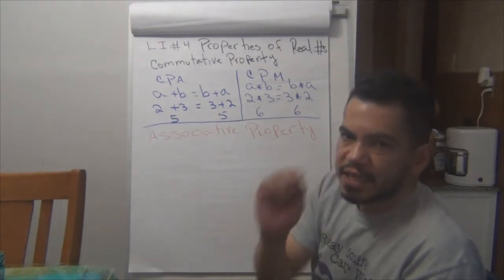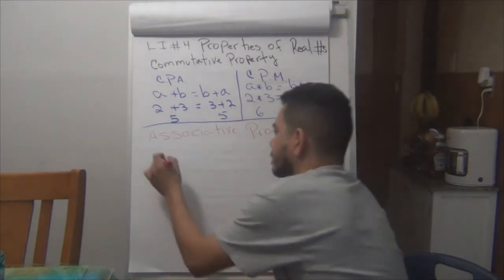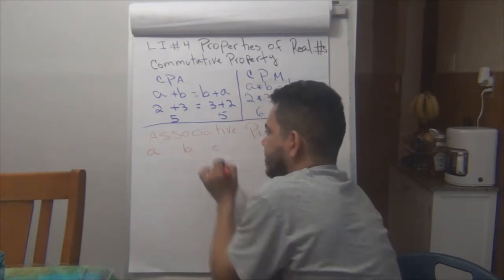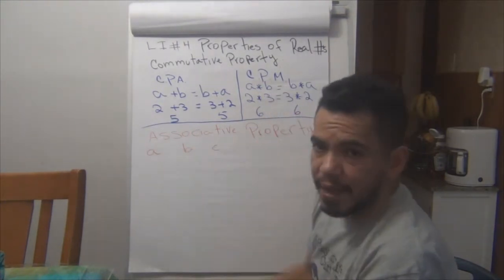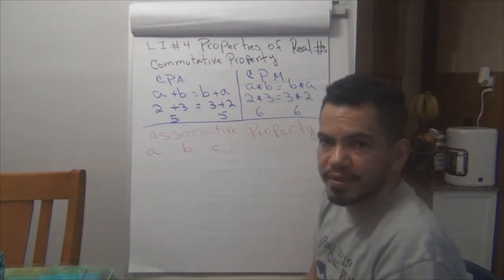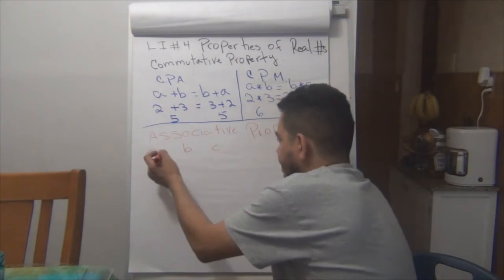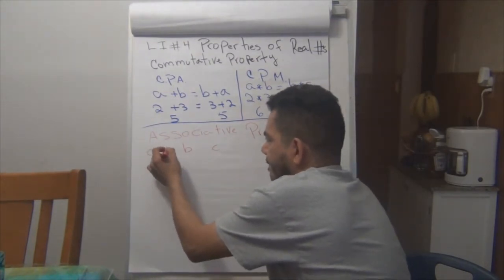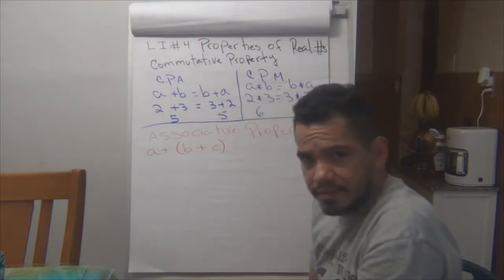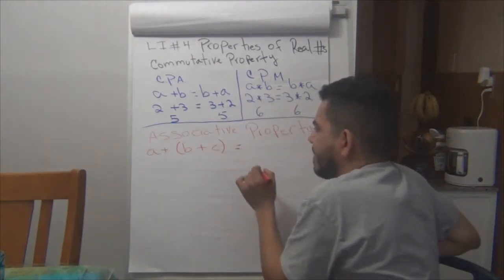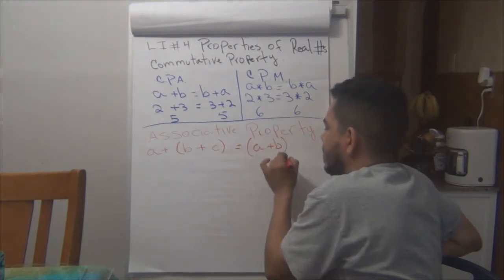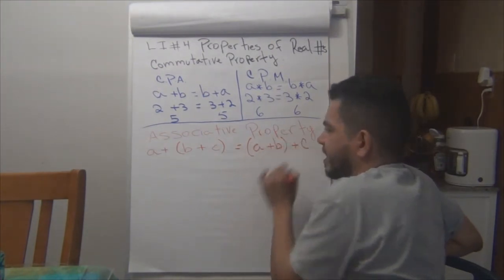It says, given at least 3 numbers, A, B, and C, it doesn't matter how you group the numbers, the result will be the same. For example, A plus (B plus C) should be the same as (A plus B) plus C.